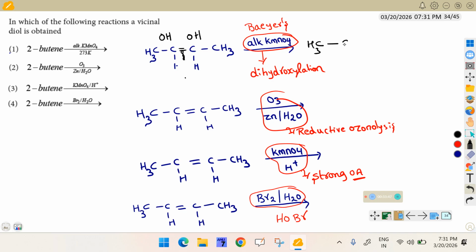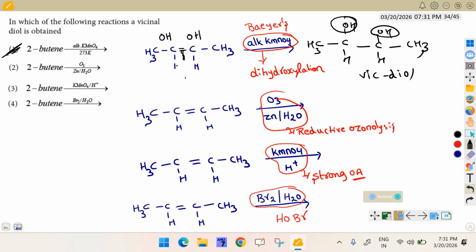Then CH3, CHOH, CHOH, CH3. Yes, the OH groups are present on adjacent carbon atoms. So it is a vicinal diol. The correct option is the first option.